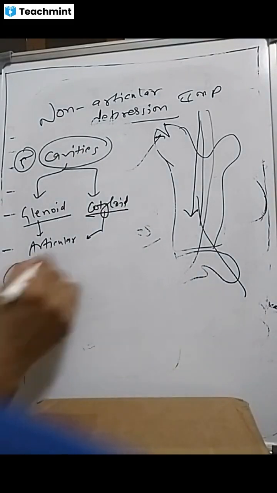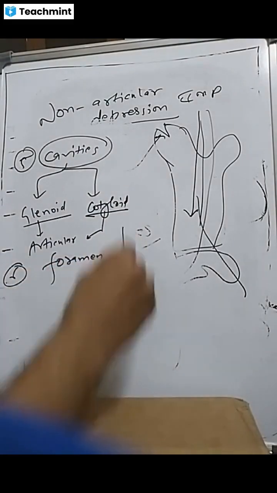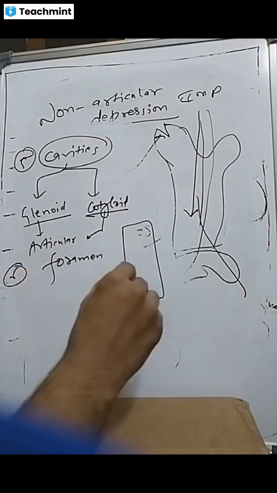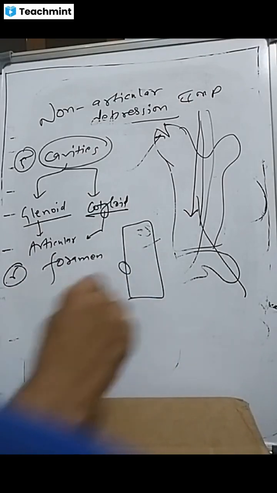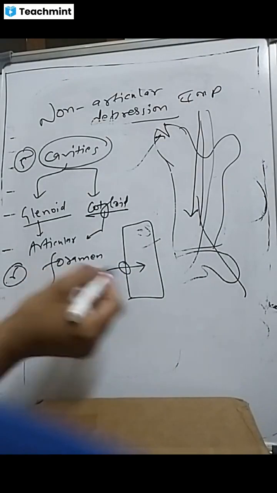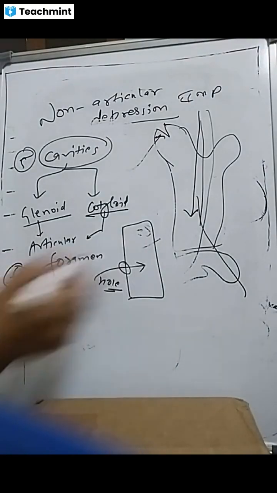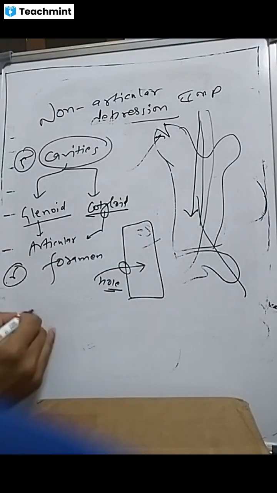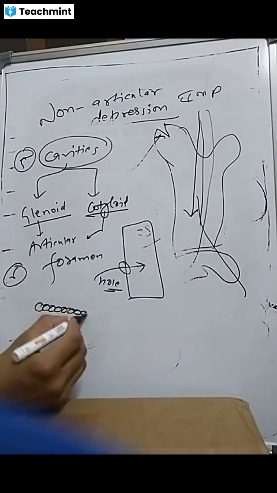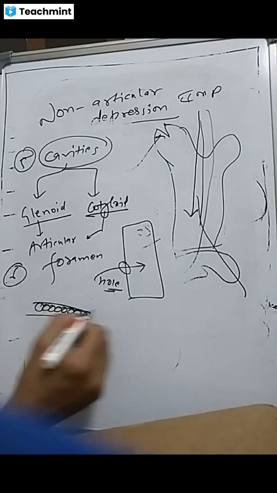Next is foramen. This is a bone having a nutrient foramen. So foramen is the hole through which something passes. Foramens connected to each other with some length are given the term canal.